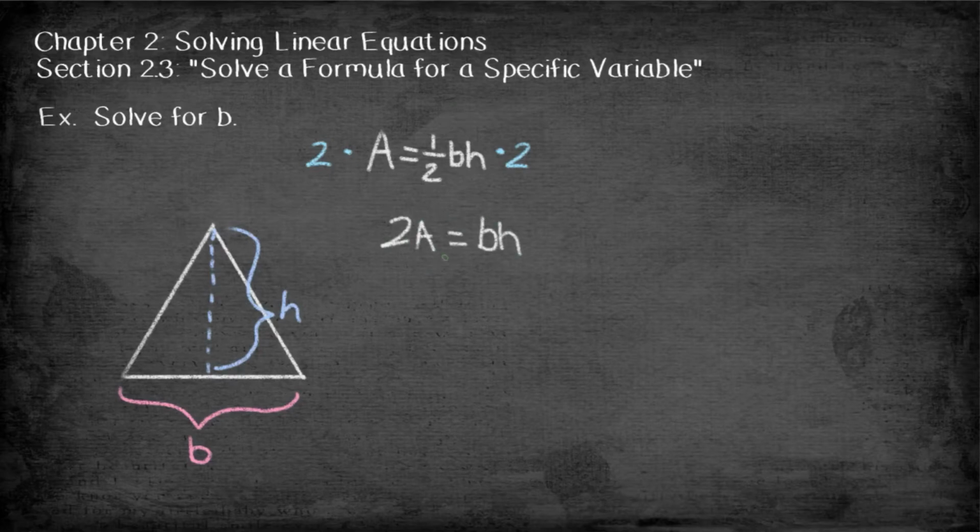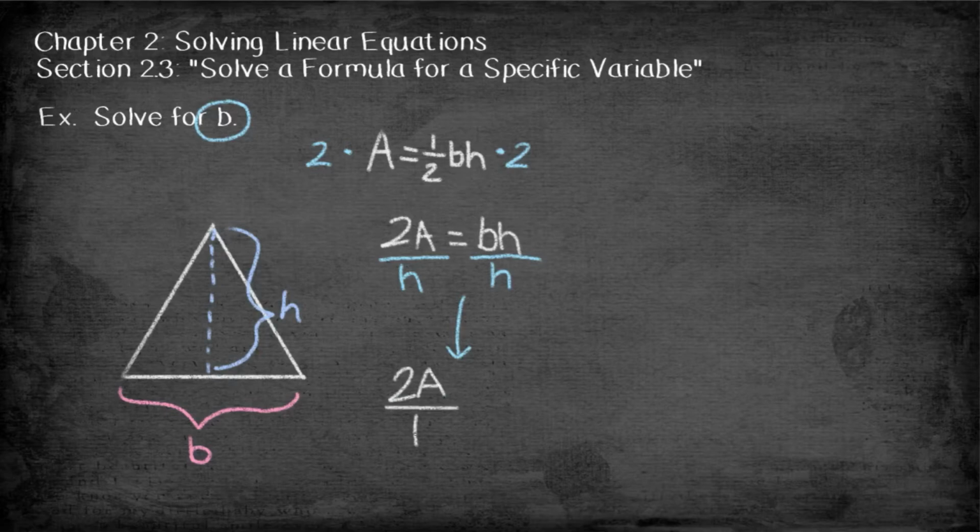So we'd have 2A equals bh. Then we have to divide out the coefficient. Since we're solving for b, the coefficient that we have to divide by is going to be h. So at the end of the day, our final answer is 2A over h equals b.